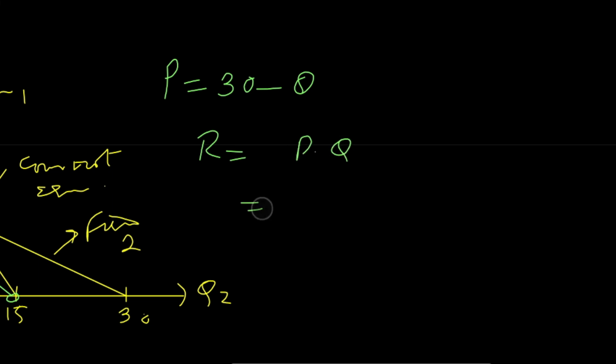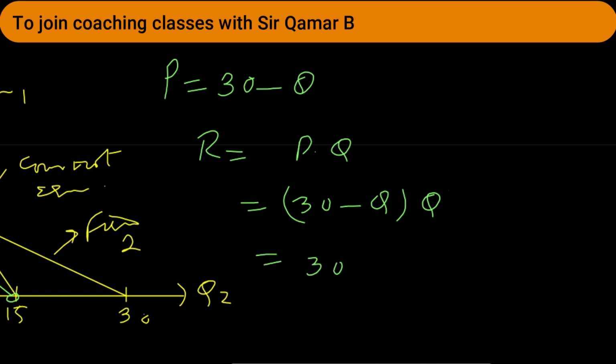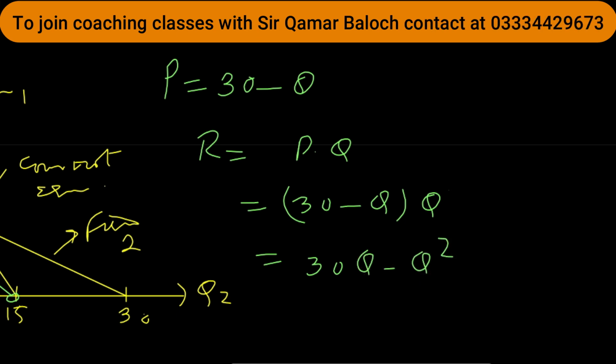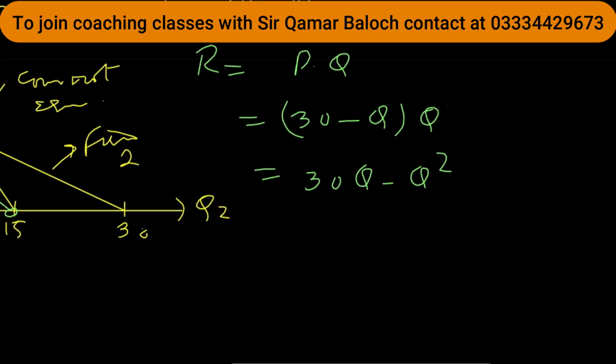If we have price equal to 30 minus Q and we multiply it by Q, then we will get 30Q minus Q squared. So this will be the total revenue of the collusive model.